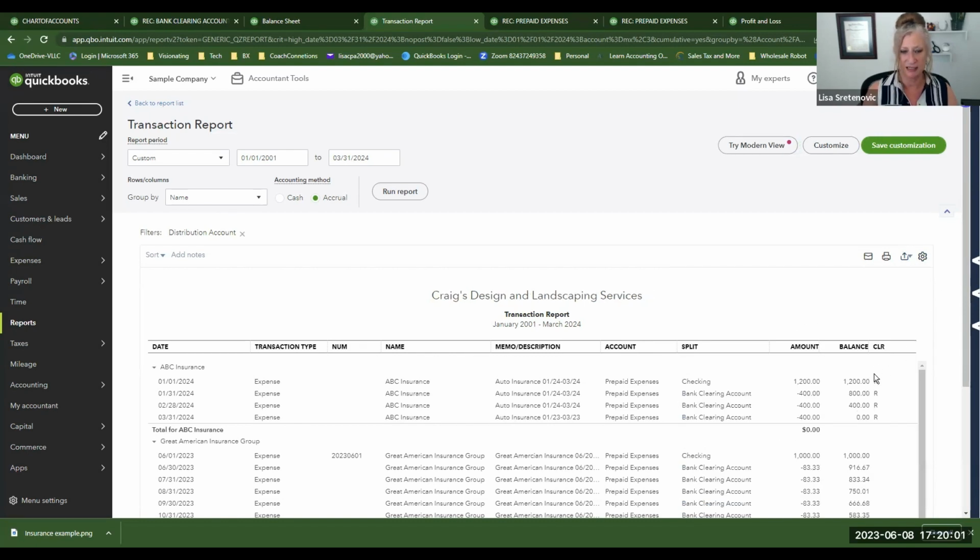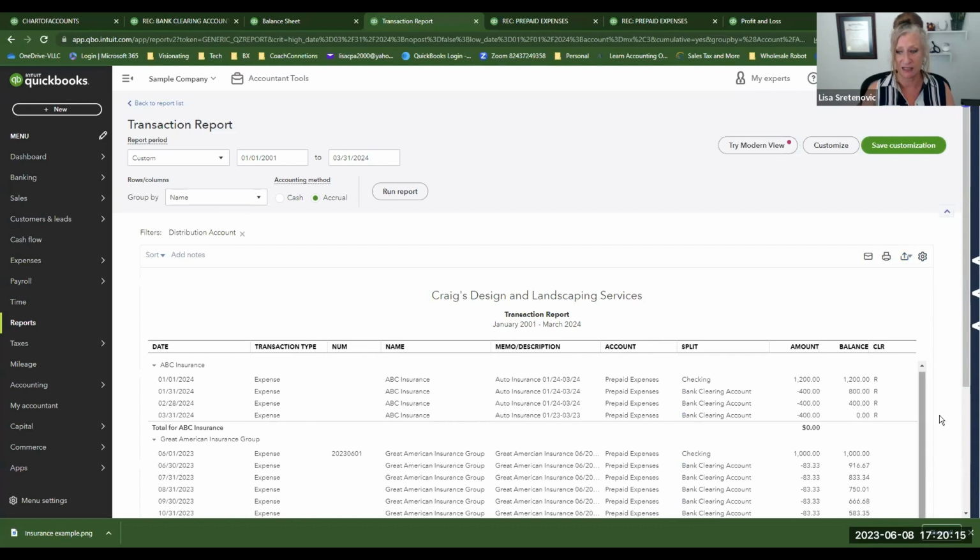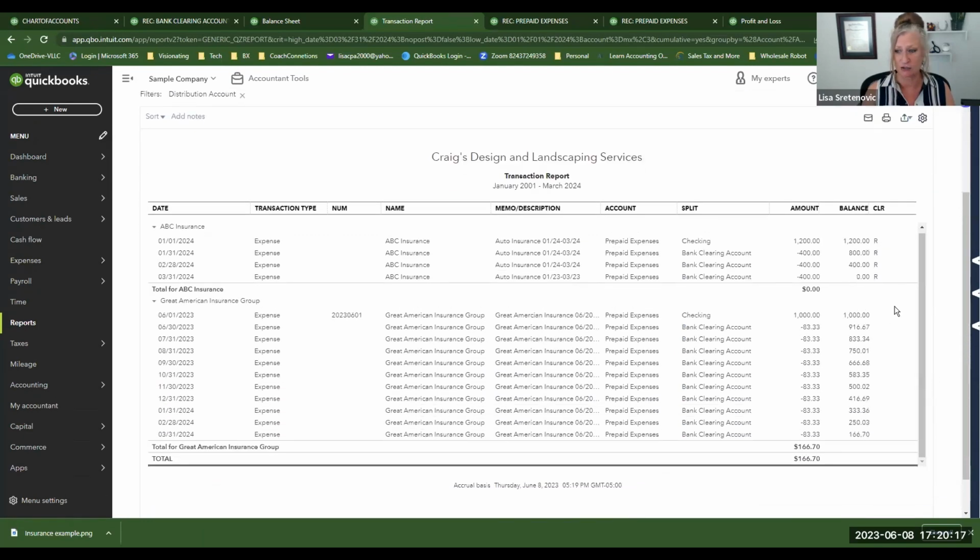And here we can see that because we used the reconciliation feature, the items in ABC Insurance have R's on them. The R represents that they are reconciled. And the items in Great American Insurance Group don't have the R.